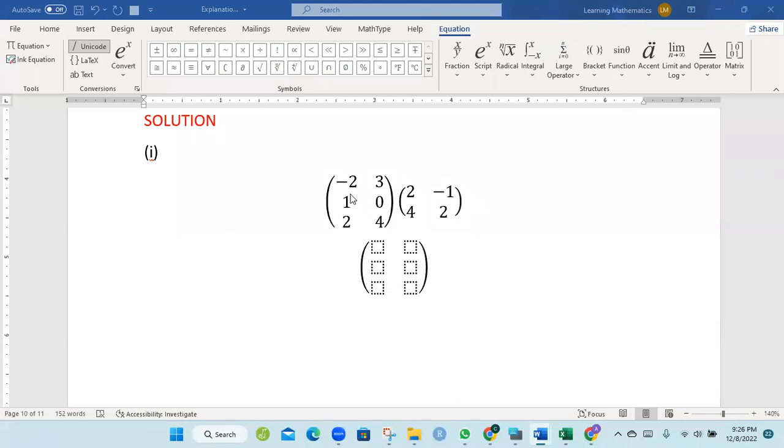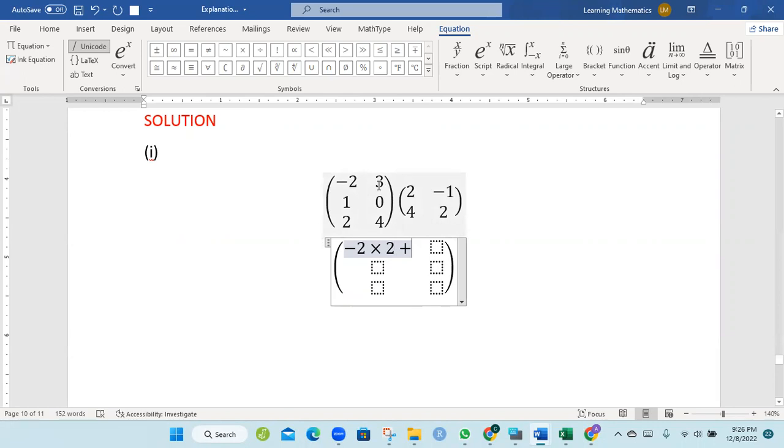Now, when you multiply matrices, we also have to do some addition. So it's a multiplication and addition. So we have to multiply -2 and 3 to column 2 and 4. Okay? So we're going to have -2 times 2 plus that 3 there times 4.